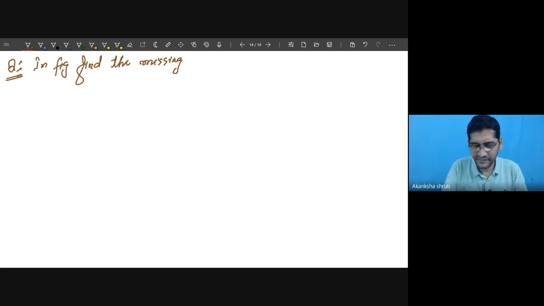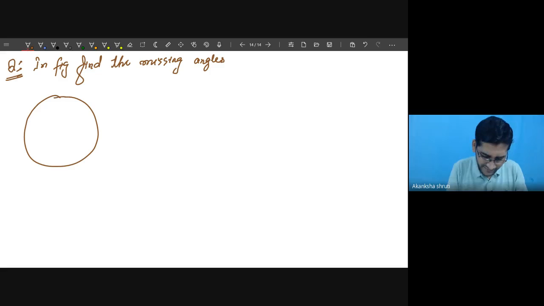Students, in the figure, find the missing angle or angles. First one is like this.